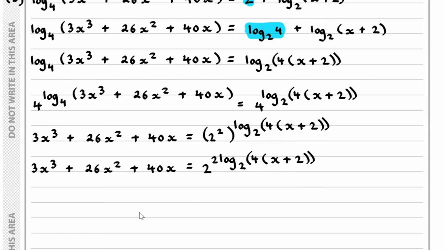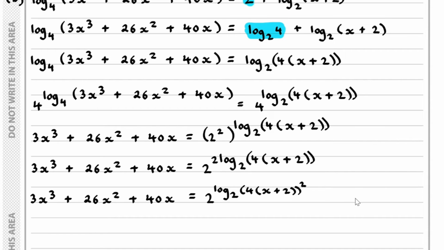And if I power slide this 2, again, left hand side remains the same, but on the right hand side, I've got 2 to the power of log base 2 of 4 lots of x plus 2 squared.